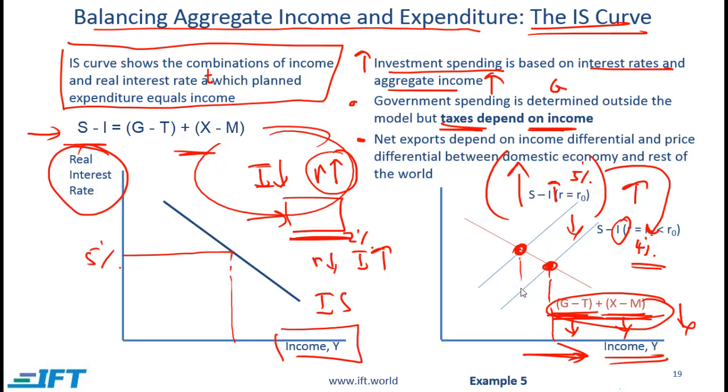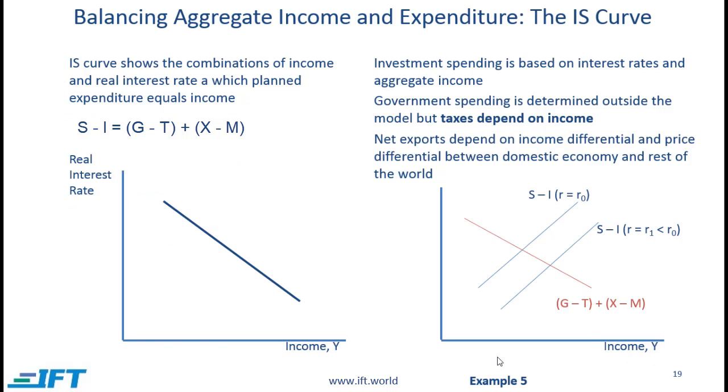Let's say that income is 100. When interest rates came down to 4%, let's say that point is over here, and the income then went up from 100 to 110. So this is showing the negative relationship between interest rates and income. And that is our IS curve.